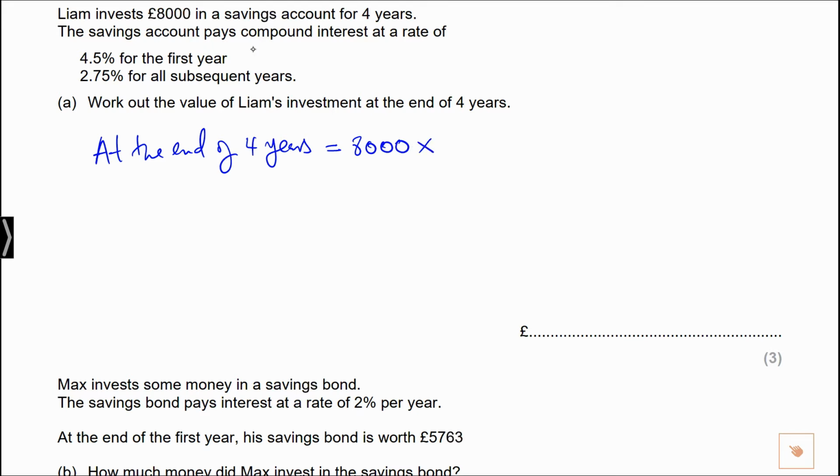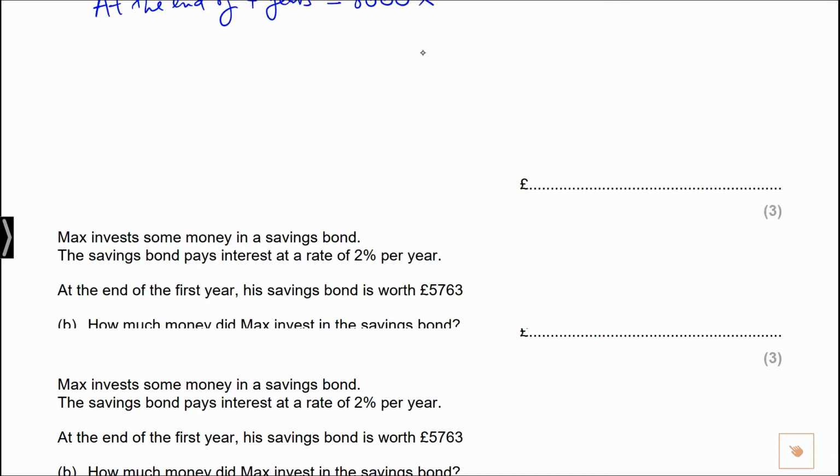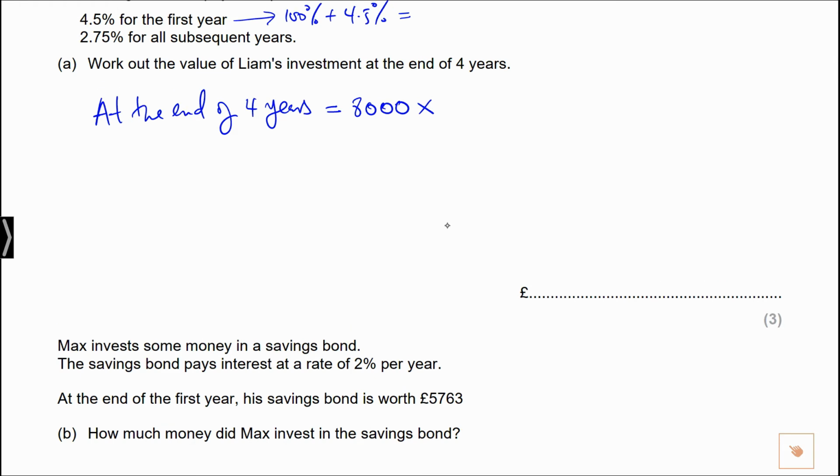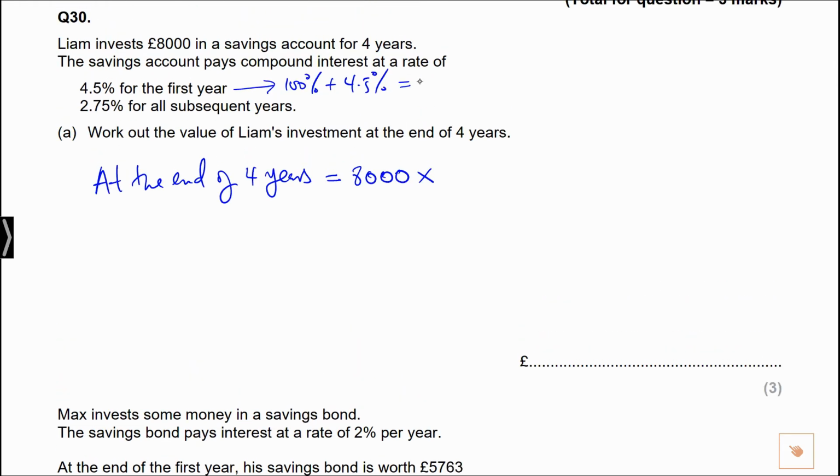And then remember here, at the end of the first year, the multiplier is basically 100% plus 4.5%, which gives you 104.5%.